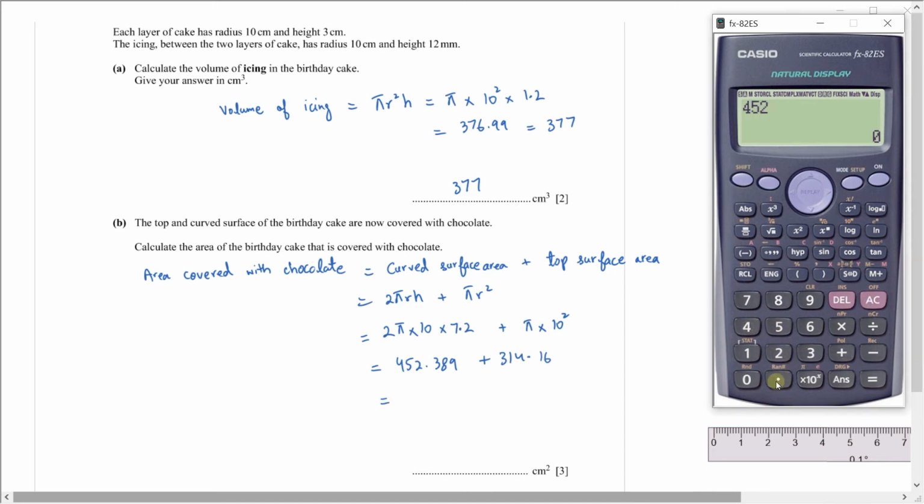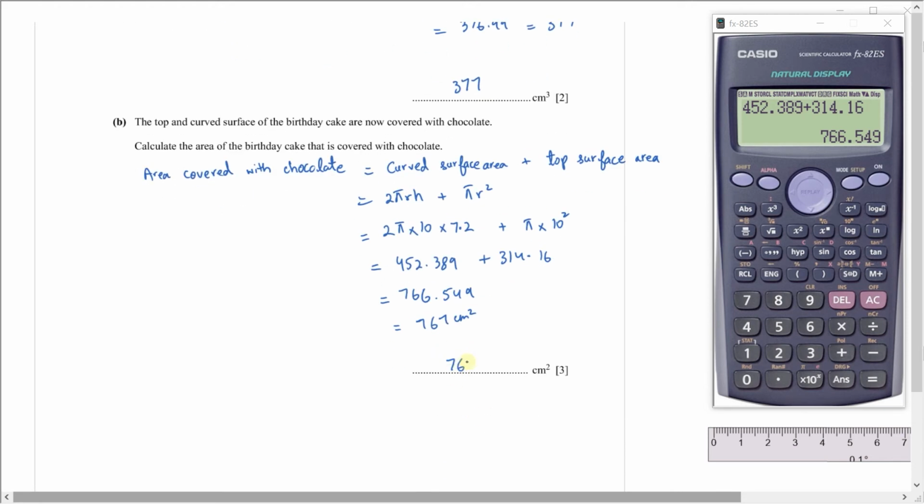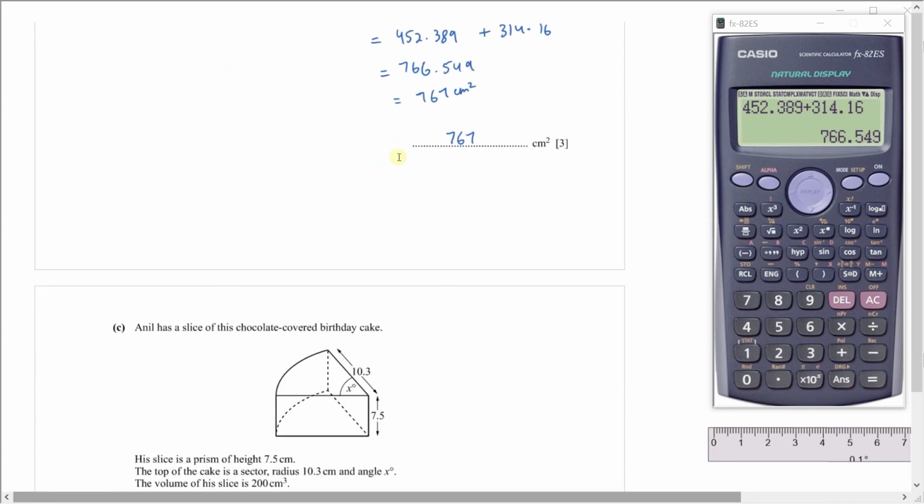So 452.389 plus 314.16 is 766.549. To three significant figures, this will be 767 centimeters square. So 767 centimeters square will be the total surface area that will be covered with chocolate.